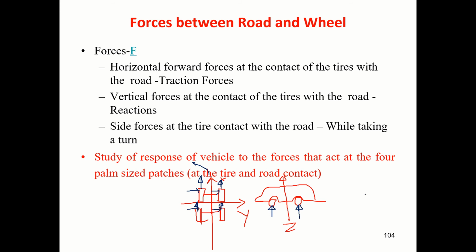So that means at each point you have a vertical force, you have a lateral force, correct, and you have an accelerating force. These forces are acting on the contact patch, say here.